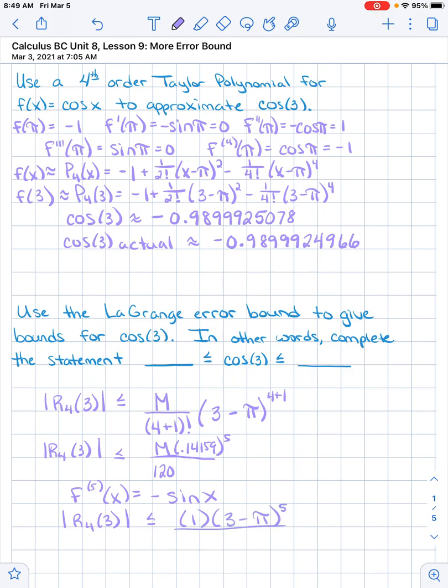I'm going to leave this as 3 minus pi to the 5th to keep it exact over 120. If I calculate that mess, then I'm going to divide that by 120. So 3 minus pi to the 5th power divided by 120.